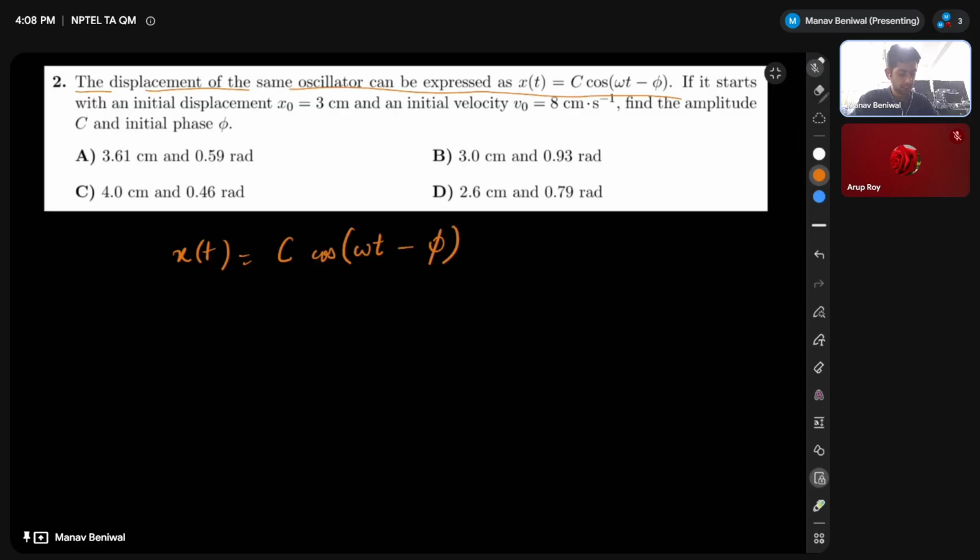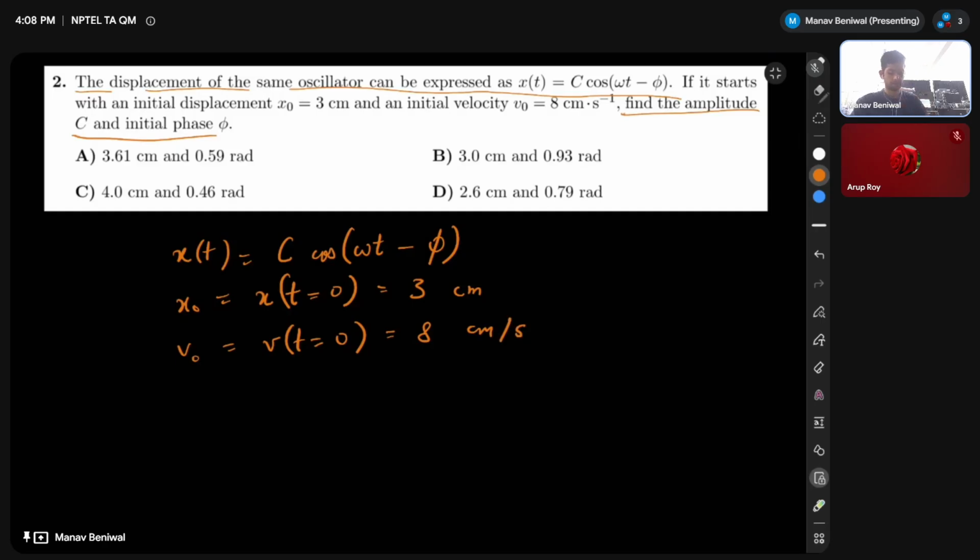The initial displacement x naught, which is the value of x at t equals 0, is given to be 3 centimeters. And the velocity v naught is given to be 8 centimeters per second. So we have to find the amplitude C and initial phase phi.